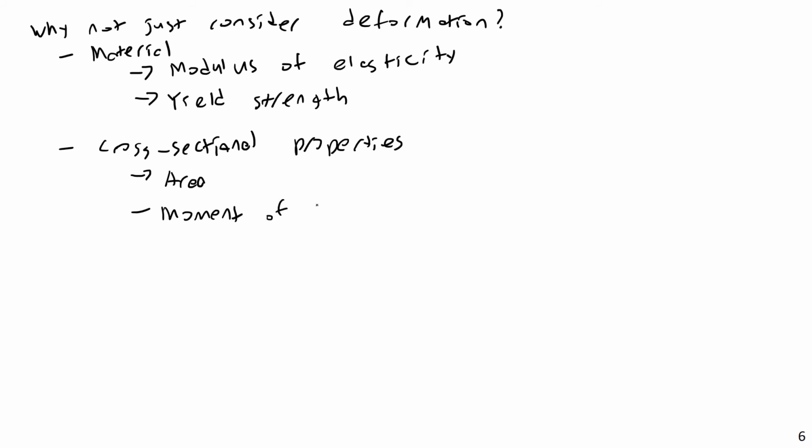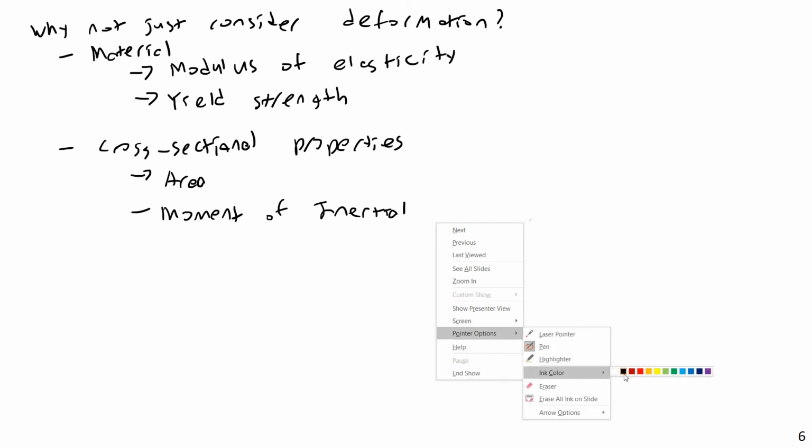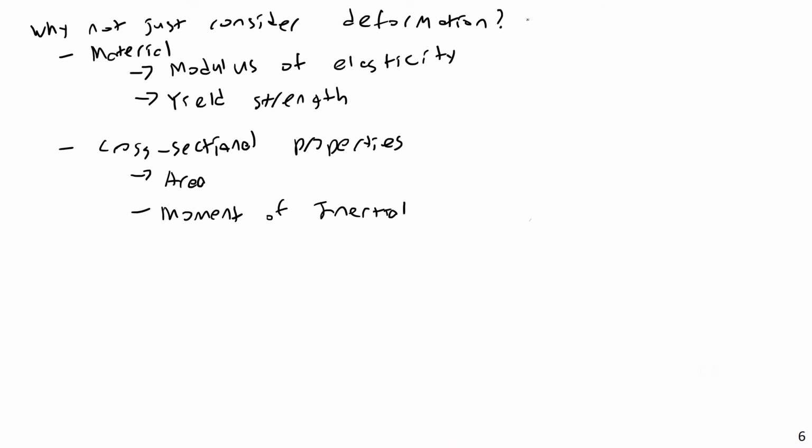And polar moment of inertia if you're dealing with, say, torsion. As far as what these are, we'll deal with moment of inertia later in the semester, and area isn't too difficult. But how all of this interacts is fairly complex, and really all this stuff is an entire course unto itself, mechanics of materials, and some higher level courses as well if we're dealing with nonlinear effects, second order effects, and a whole bunch of other things.